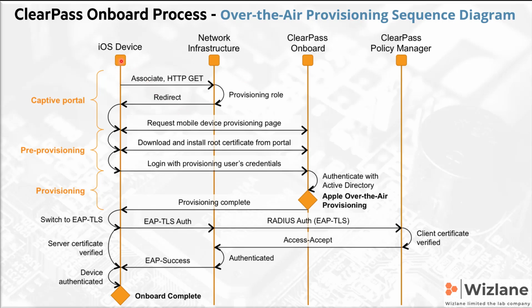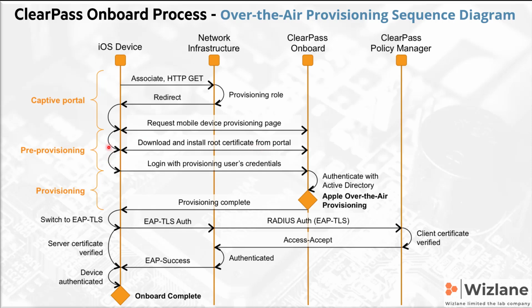So the iOS device comes here, they will connect, and they will be redirected. The CaptivePortal will be the one that will be presented to them. They will start the onboarding process, and the difference is that in the pre-provisioning step they have to download and install the root certificate from the portal beforehand.